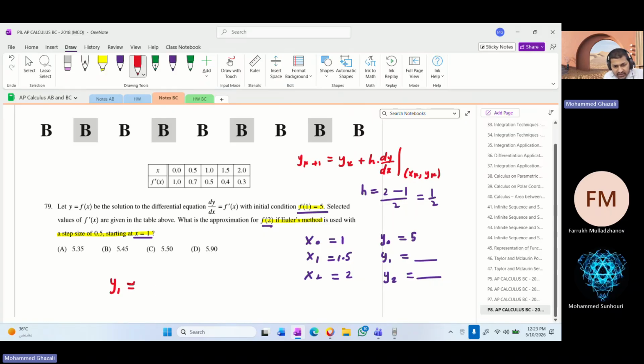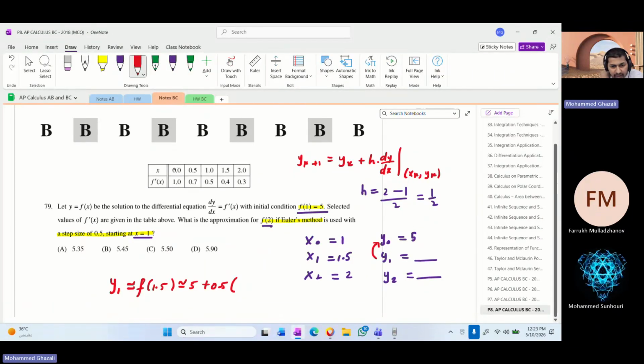Y1 is approximately f of 1.5, which is approximately y naught, the previous value, 5, plus h, which is half, 0.5, times dy dx evaluated at x naught, y naught, which is 1 and 5. That is f prime x.